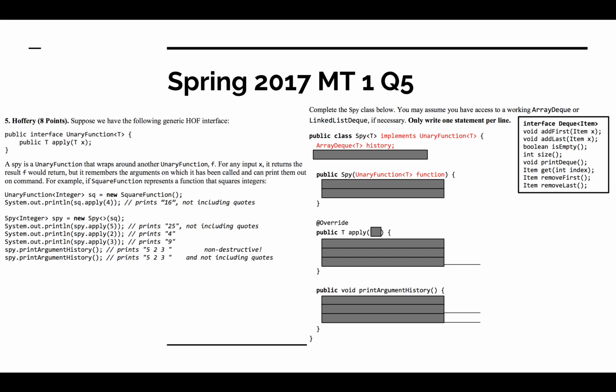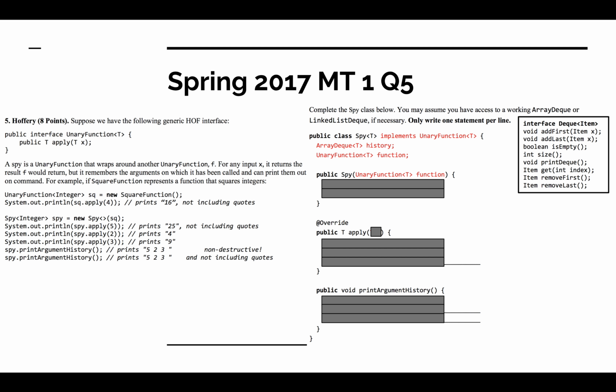And what else should we save? Yeah, you can use an array deque or a linked list deque, and we're going to use an array deque, and we're going to save the unary function. So then what should we do in the constructor?